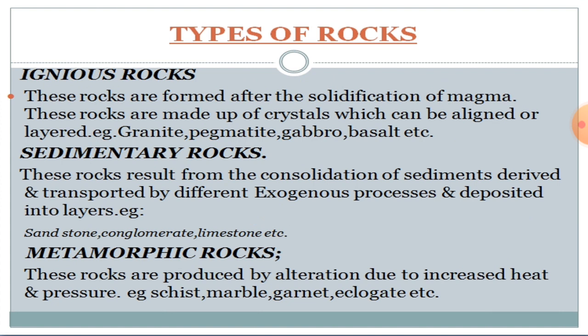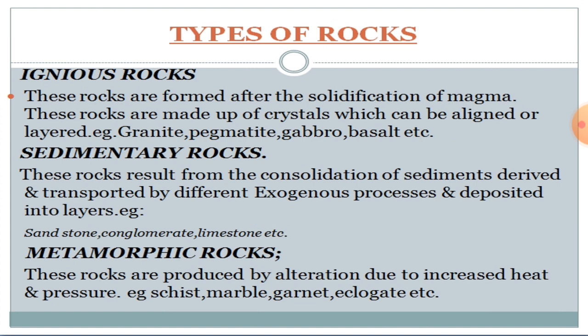These rocks are made of crystals which can be aligned or layered, for example granite, pegmatite, gabbro, basalt, etc. Sedimentary rocks are the second group of rocks. These rocks are the result of the consolidation of sediments derived and transported by exogenic processes and deposited in layers. For example, sandstone, conglomerate, limestone, shale, etc.